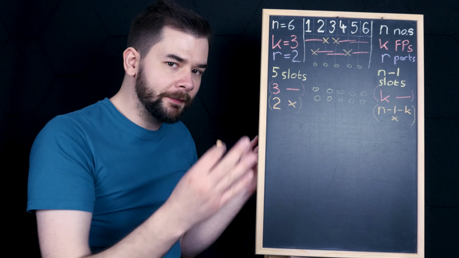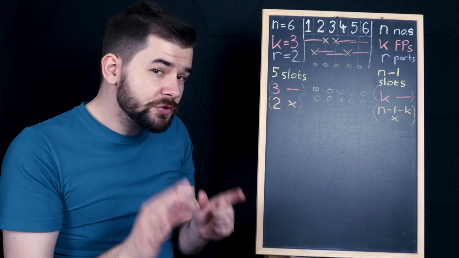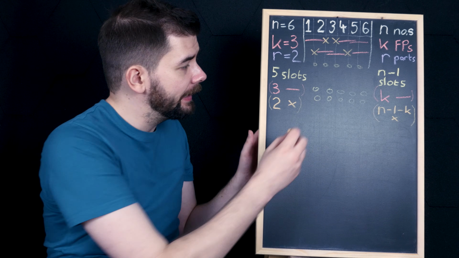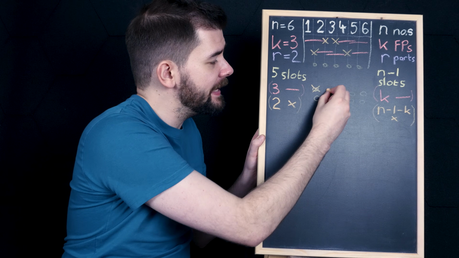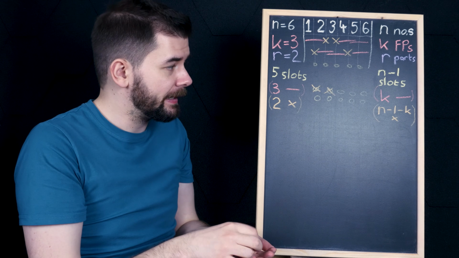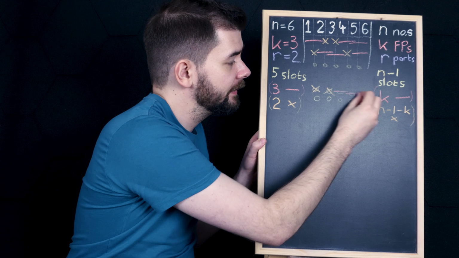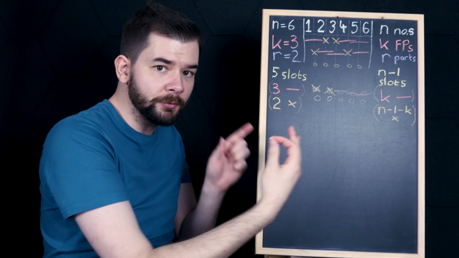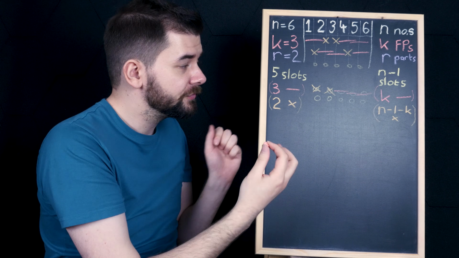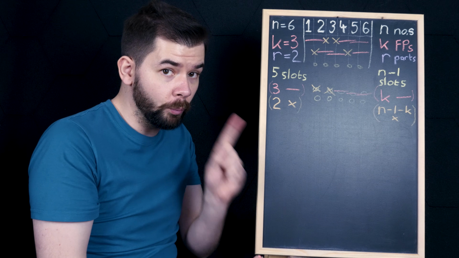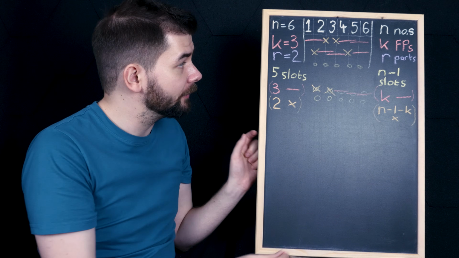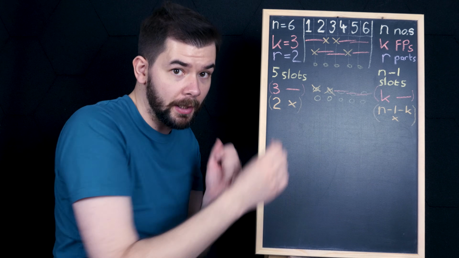Let's think about drawing the crosses first, but we can't just do this haphazardly. For example, if I put crosses down like this, that means I have to place my 3 dashes like this. But this results in a triple smushed forbidden pair, so the forbidden pairs are only spread into 1 part, and that isn't what we want. We want them to be split into 2 parts.